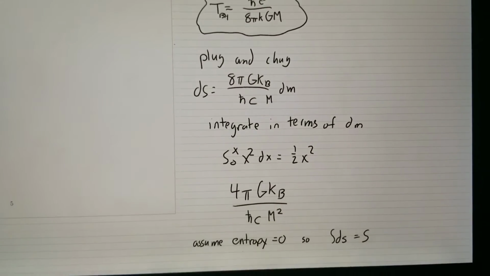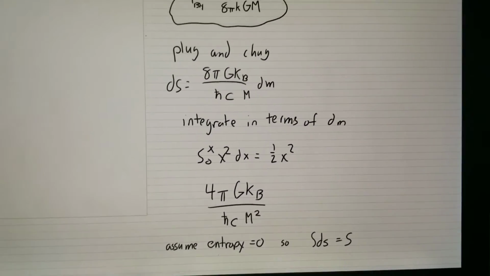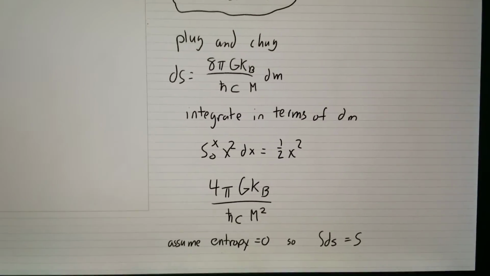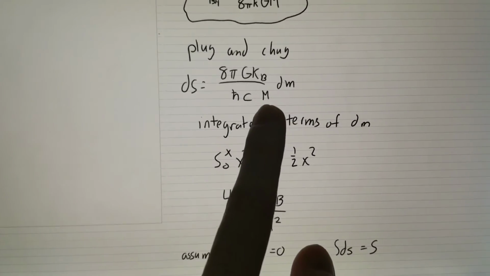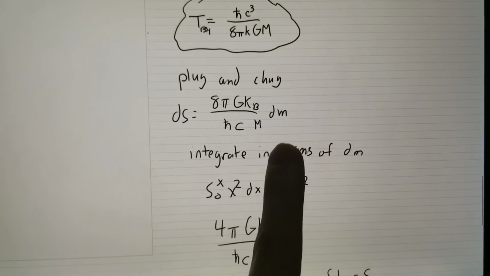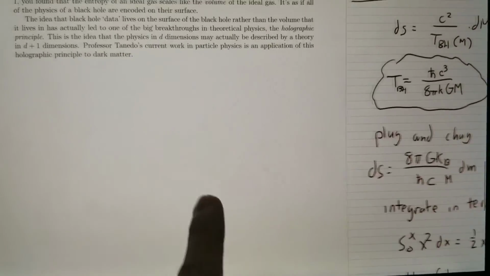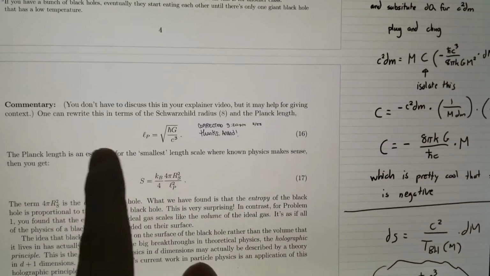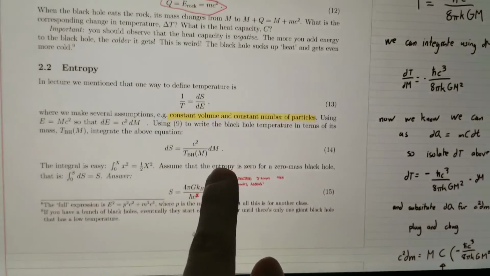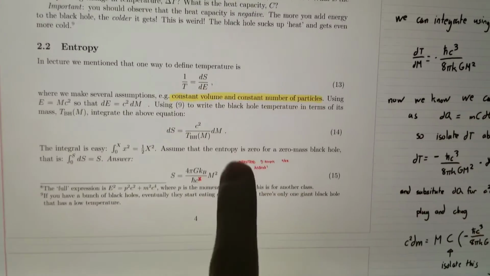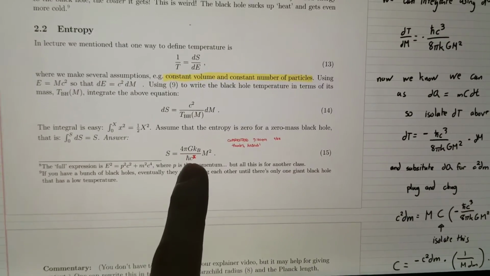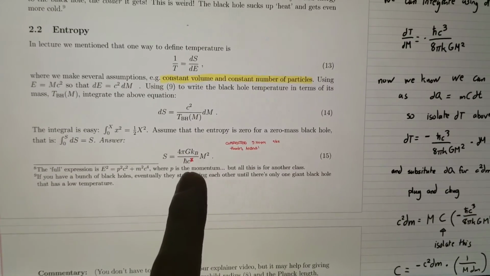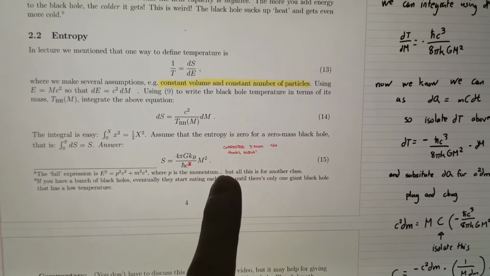The integral for solving this is actually pretty easy. All we have to do is multiply the front by 1/2 and square the value that we're differentiating, as shown over here, which ultimately ends up as 4 pi G k_B, Boltzmann's constant, over hc times m squared.